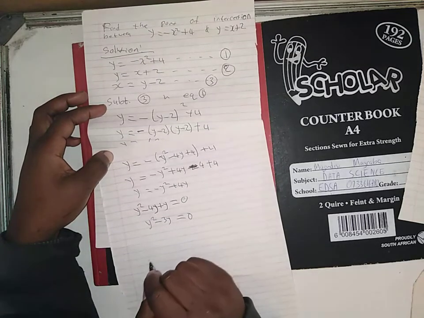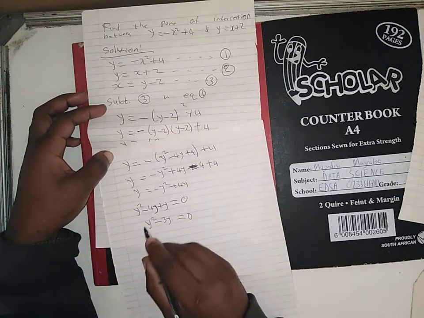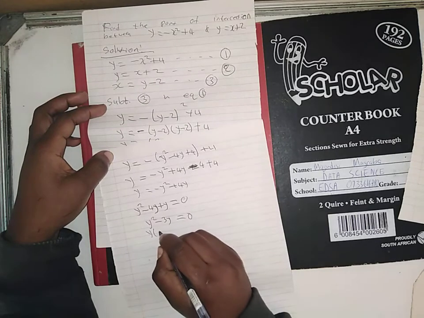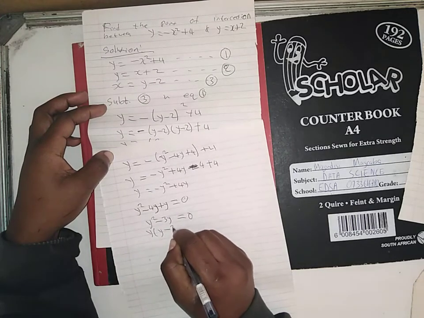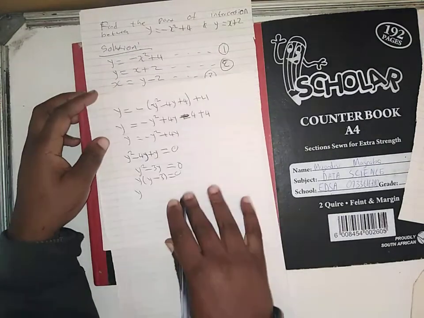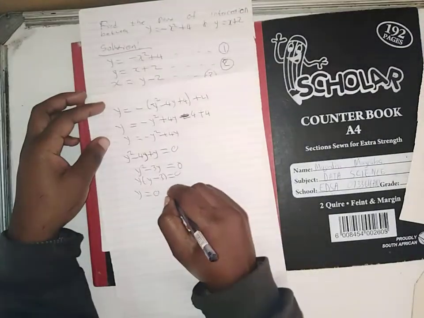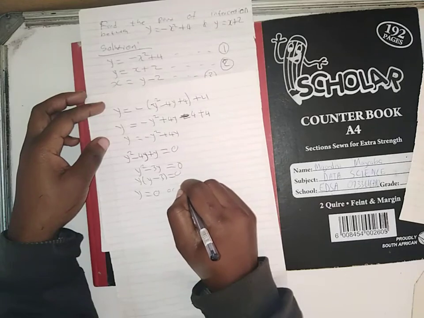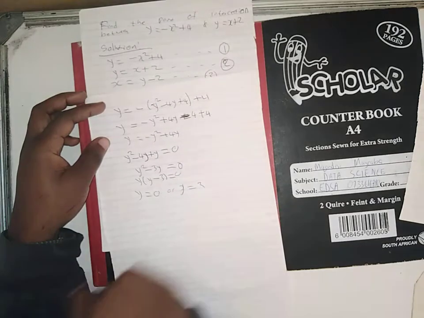Then you will have y times y minus 3 equal to 0. You've got y equal to 0 or y equal to 3.